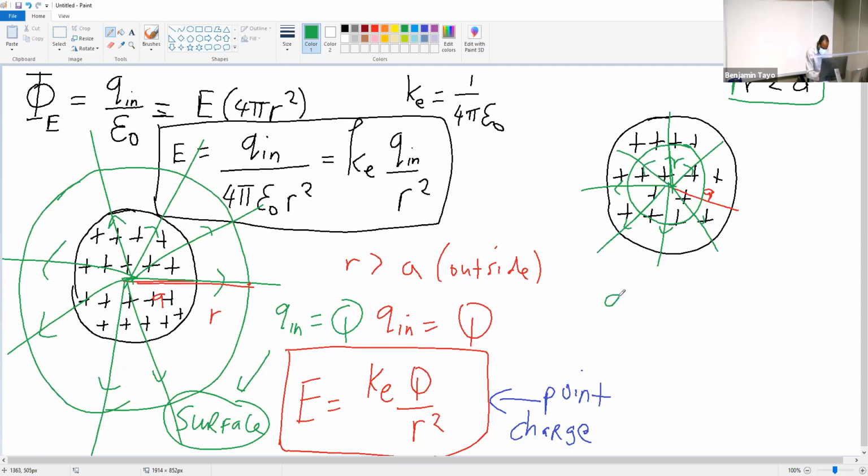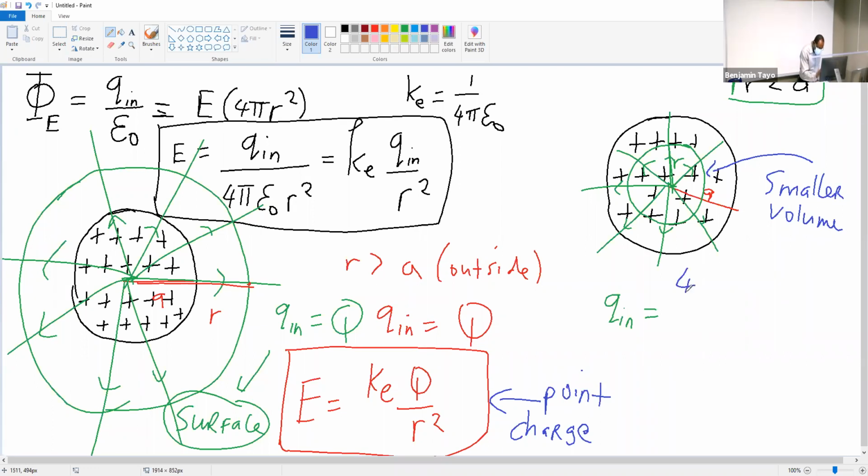So I just need to calculate Q in. So how do I calculate the charge that is within this? Q in is the total charge that I have inside that smaller volume. Now I can calculate this by using this equation.